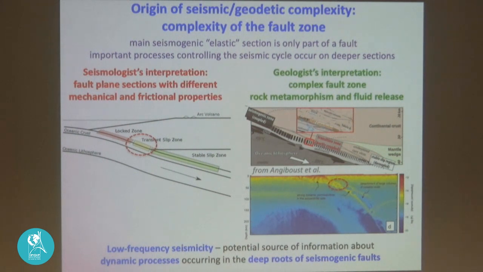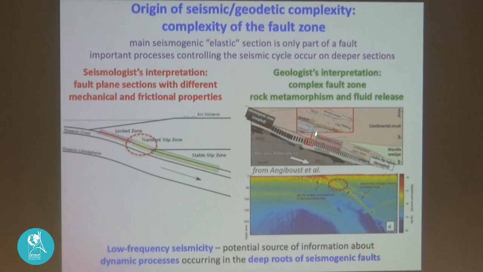Okay, but then if we ask geologists how fault zones are functioning, they will give us, I would say, a different or even very different picture. They consider faults not as a plane but as a fault zone with some internal structure.